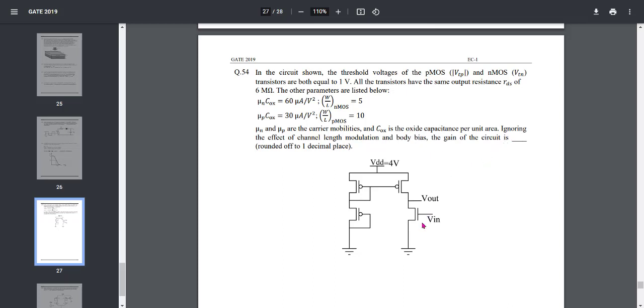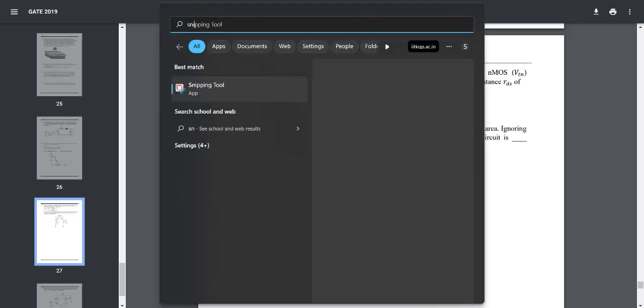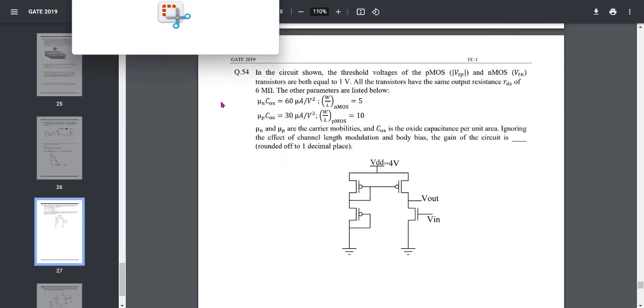So you see now, this part I was talking about. Because of Vin, there will be a current flowing here. Wait, there is a better way of doing it, I think. Let me try that.